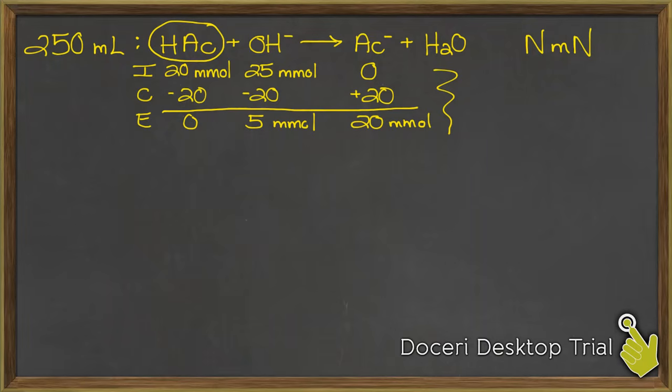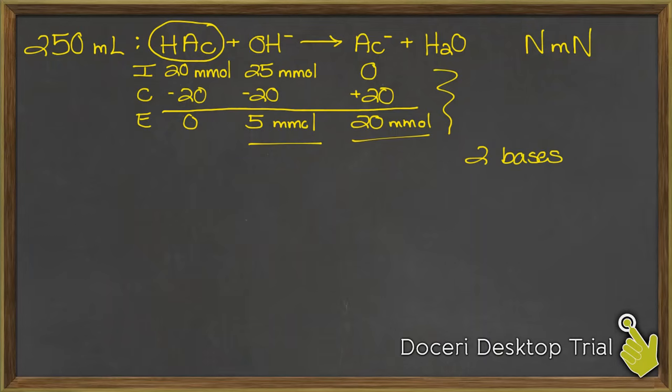What is it that we're left with here at the end? We're left with some strong base and some conjugate base, and that conjugate base is a weak base. So did you hear that I said the word base twice? At the end of this Newman ice table, I'm left with 2 bases.